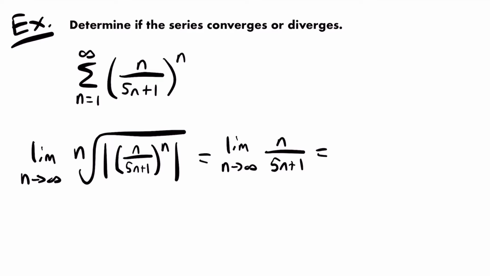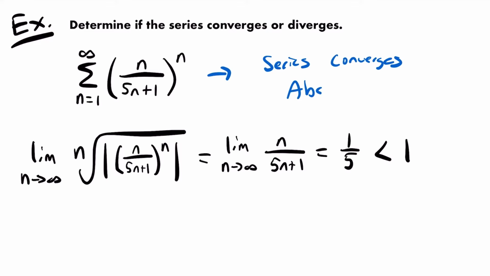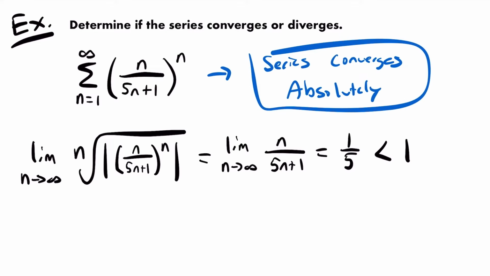And so this limit is equal to 1 divided by 5, or 1/5. And 1/5 is less than 1, which means that from the root test, we can conclude that our series converges absolutely. And so I'll write that down. This series converges absolutely. And that is our final answer for this example.